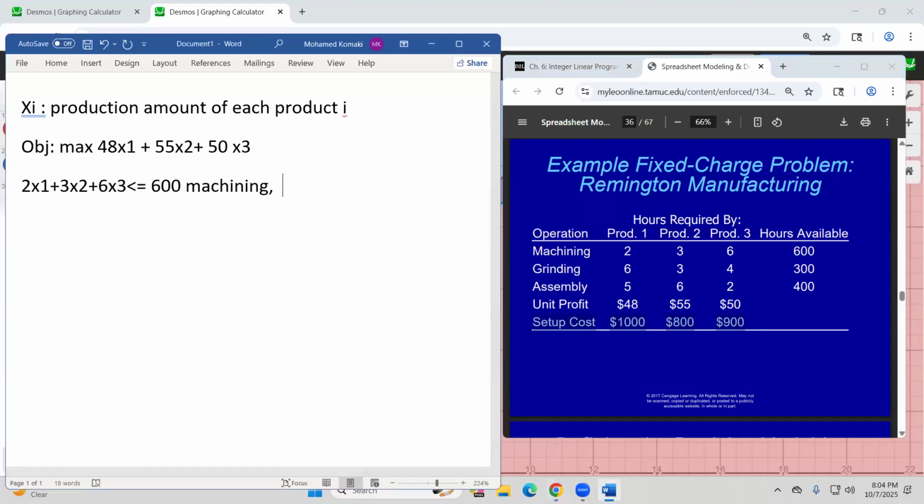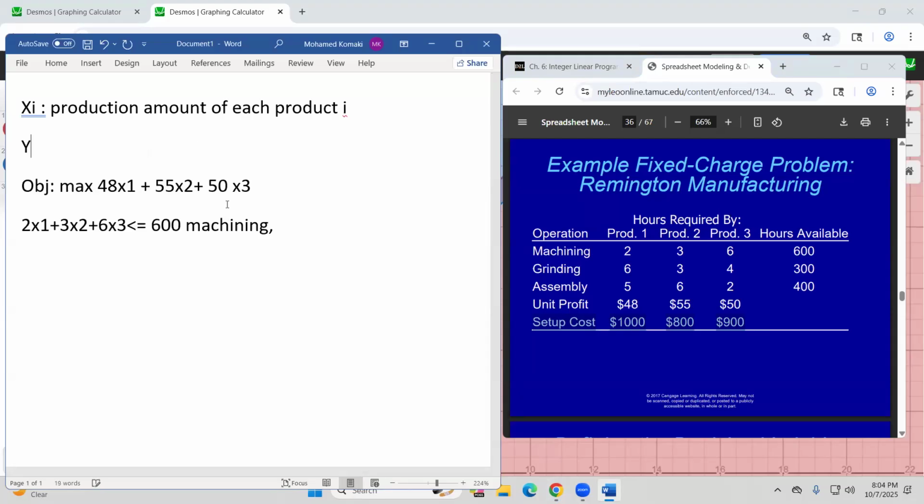Okay, so let's say I introduce another set of variables, y, that I produce. If it is 1, the setup happens, the setup cost for product i happens. So that means we decide to produce this product, right?